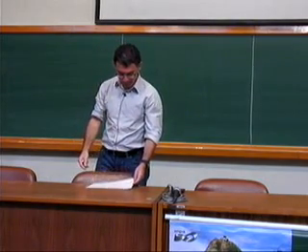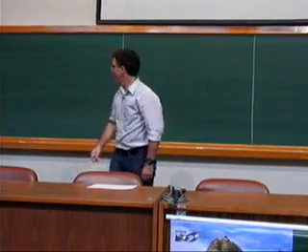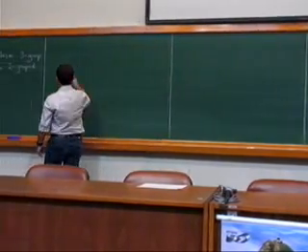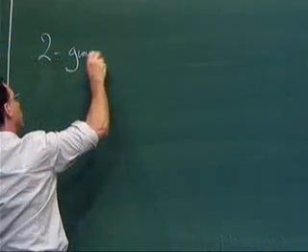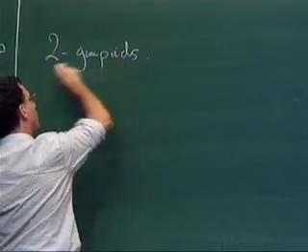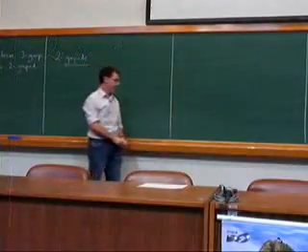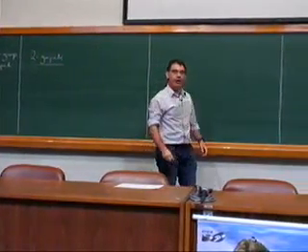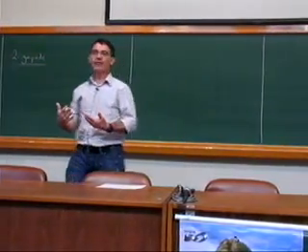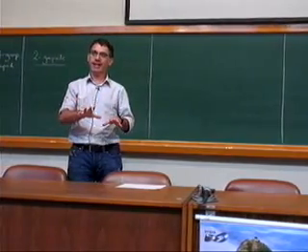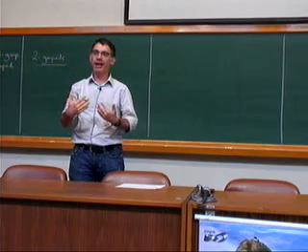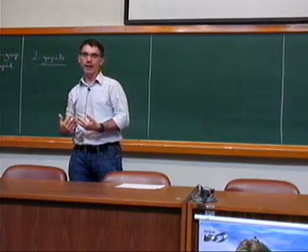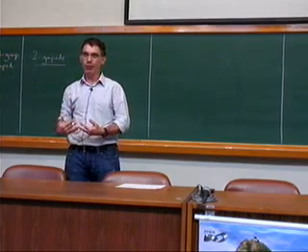So what's a two-groupoid? I'm going to give two different definitions. For the first definition, I'm going to stick to the strict case. Although when I write two-groupoid, I'm thinking of what some people would call a weak two-groupoid or a bi-groupoid.